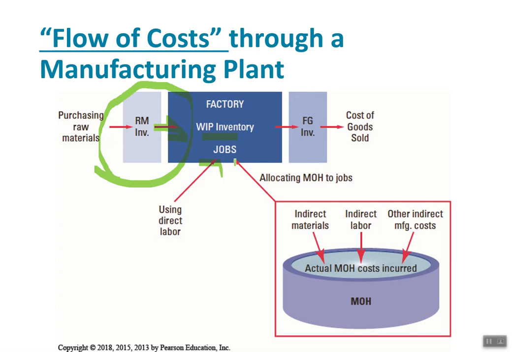And then we allocated the manufacturing overhead by taking the indirect materials, the indirect labor, all the other indirect manufacturing costs, estimating it, having a predetermined overhead rate, and then allocating it to each individual job. Once a job is completed, we move it over to the finished goods inventory, and when it's sold, it goes into the cost of goods sold.